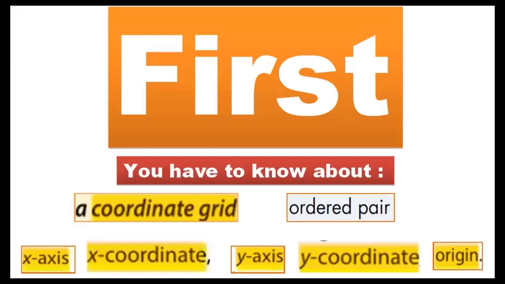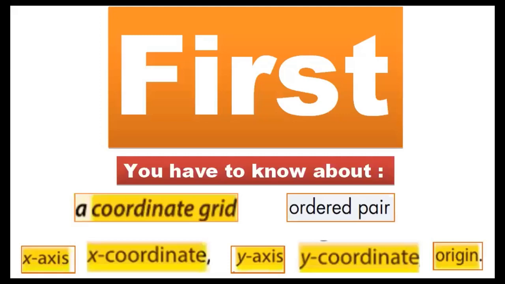So the coordinate grid means you have a grid with two axes, y-axis and x-axis. This helps you to determine a certain point on the grid through the intersection of the two axes. This is about the coordinate grid.